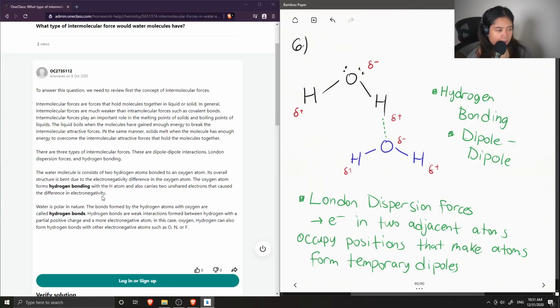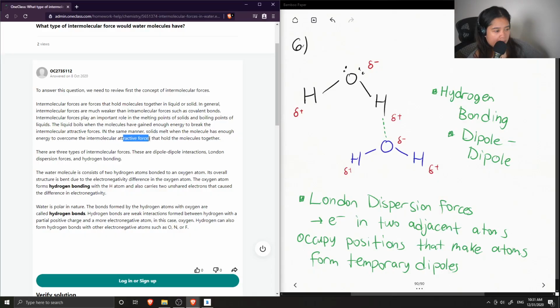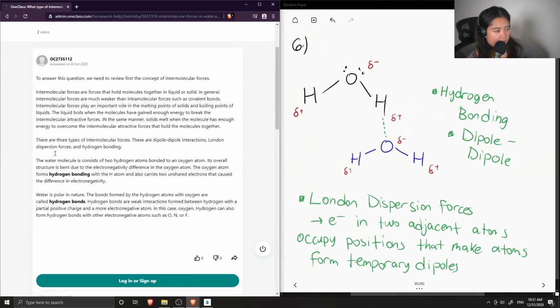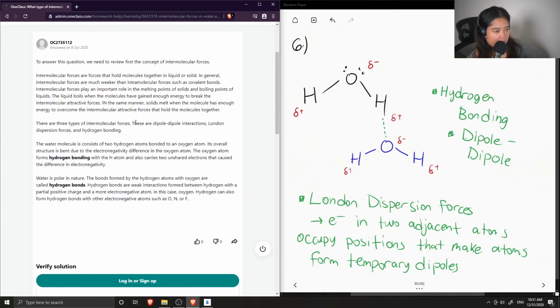The liquid boils when the molecules have gained enough energy to break the intermolecular attractive forces. In the same manner, solids melt when the molecules have enough energy to overcome the intermolecular attractive forces that hold the molecules together. There are 3 types of intermolecular forces. These are dipole-dipole interactions, London dispersion forces, and hydrogen bonding.